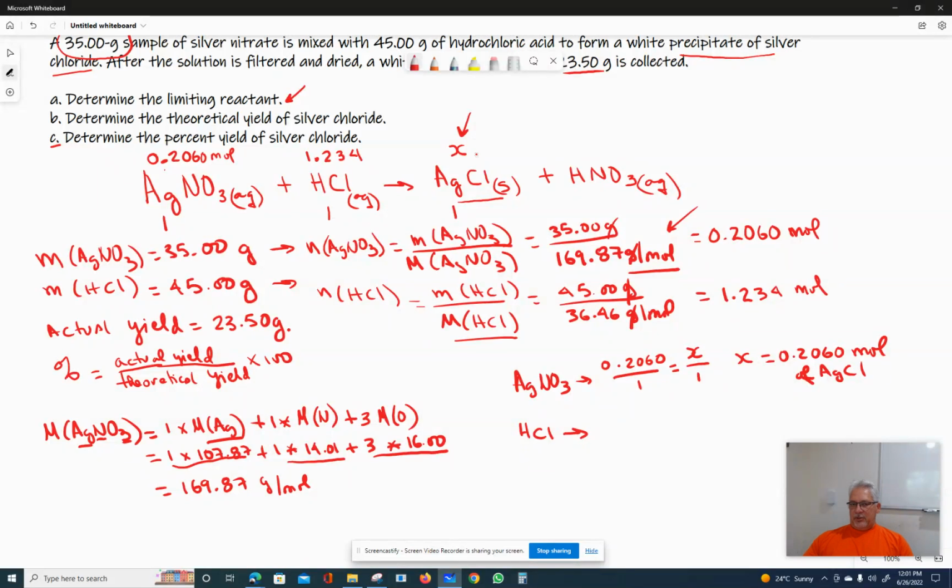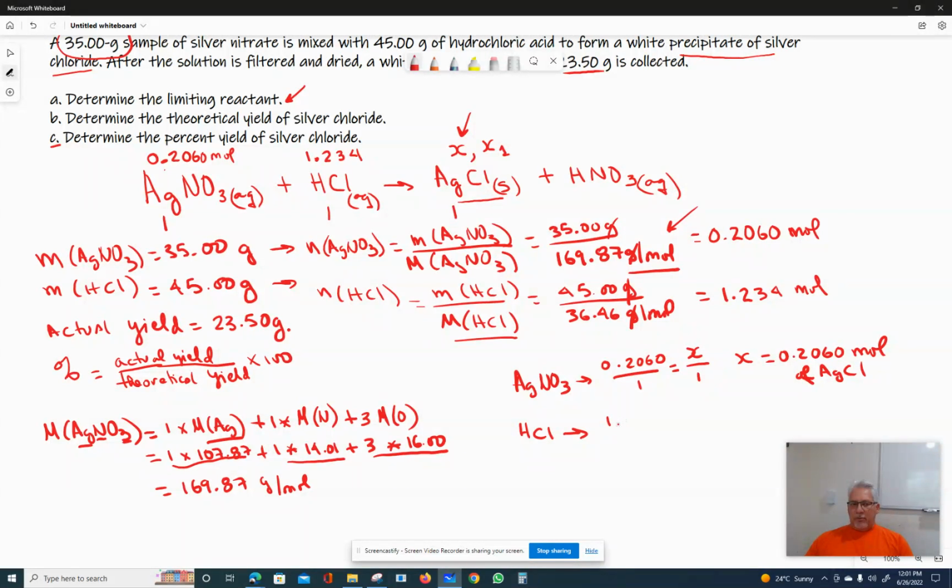This is just a way to make it easier to understand. Instead of using x, I'm going to use x sub 1 and calculate how much silver chloride can be produced if only hydrochloric acid reacts.